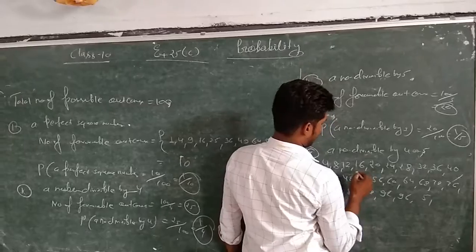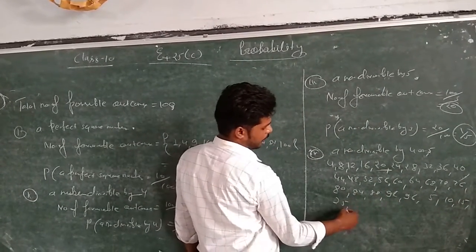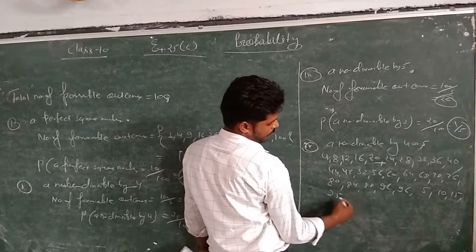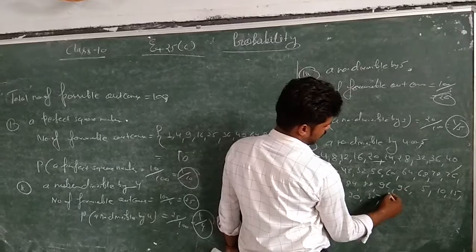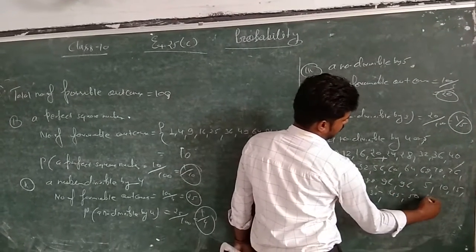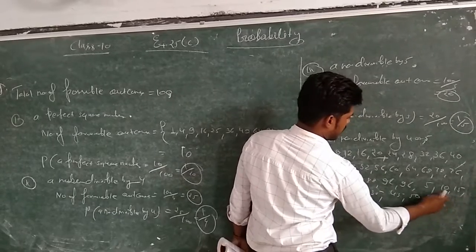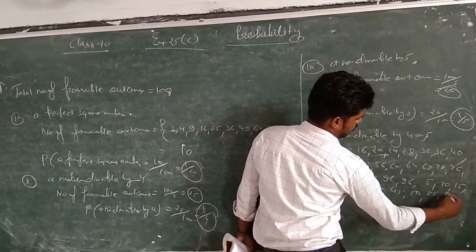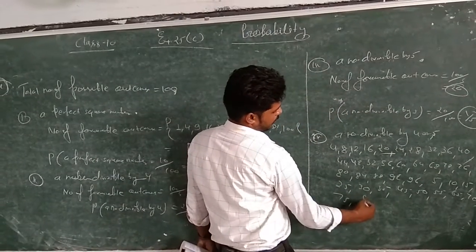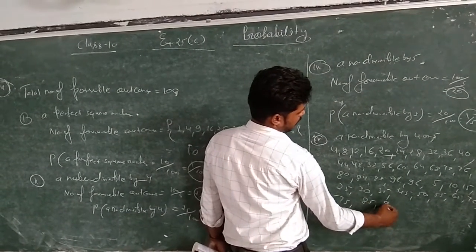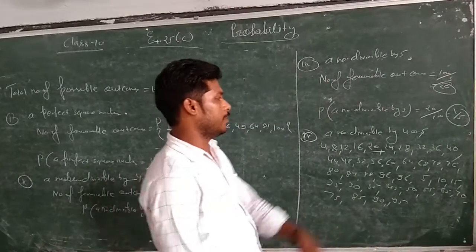10 is also here, 10, 15, 20 is also given, 25 and 30, 35, 40 is given, 45, 50, 55 and 60 is given, so 65, 70, 75, 80 is given, 85 and finally 90 and 95. So these all are numbers which are divisible by 4 or 5.